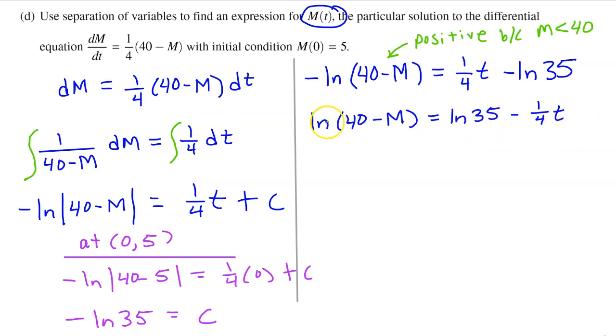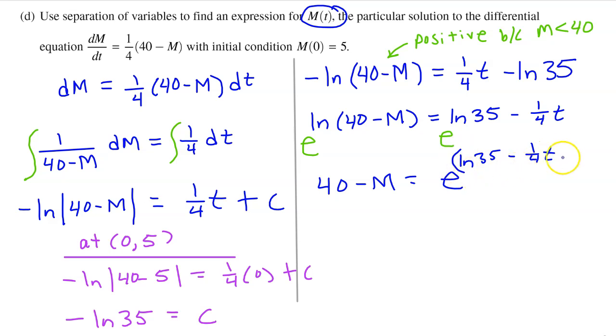To make this natural log go away, I can exponentiate both sides of the equation. In other words, I can drop a base e on both sides, making both sides the exponent of these e's. When you raise e to a natural log expression, the e and the natural log cancel each other out, and you end up with 40 minus m is equal to e to the natural log 35 minus 1/4 t.